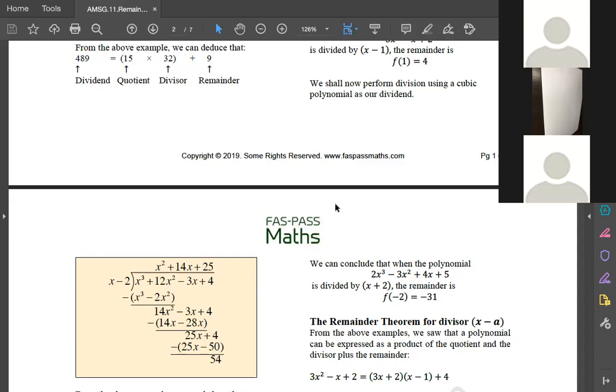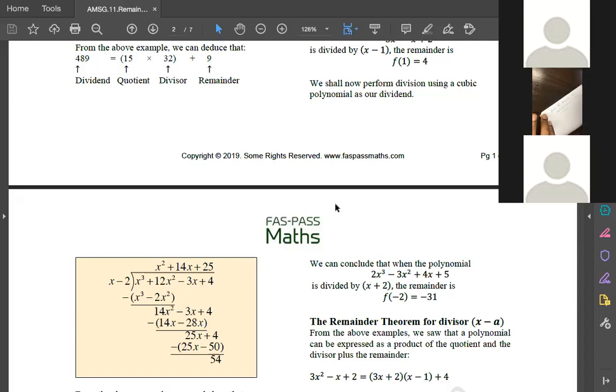So now let's use this as an example. This is how the question goes. Find the remainder when 2x cubed minus 3x squared plus 4x plus 5 is divided by x plus 2.